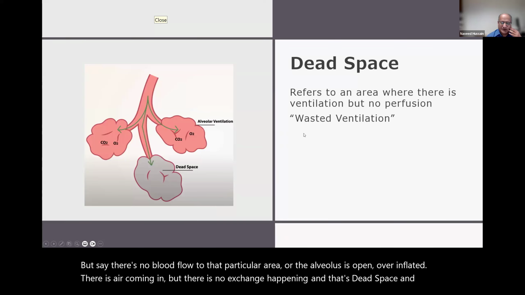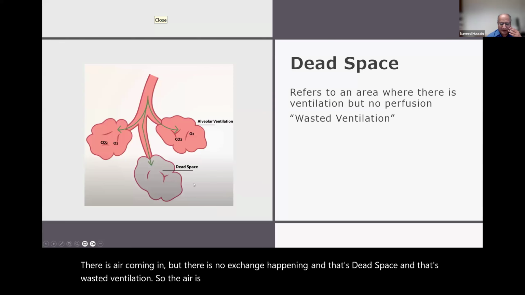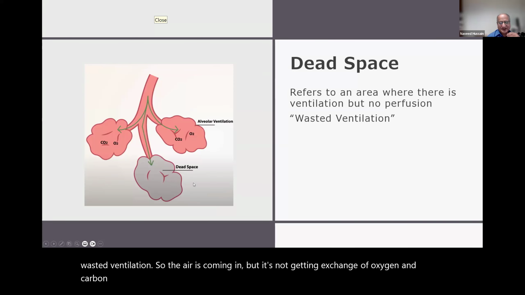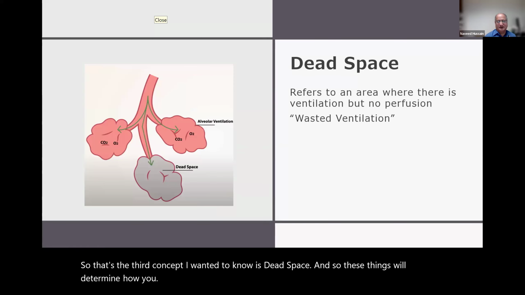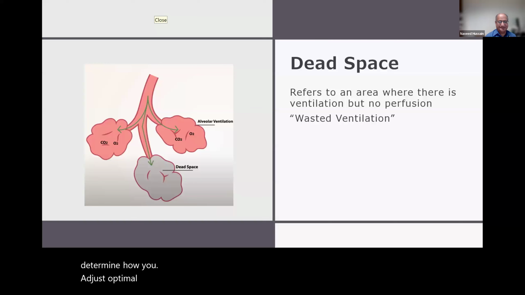That's wasted ventilation. The air is coming in, but it's not getting exchange of oxygen and carbon dioxide. So that's the third concept I want you to know, dead space. And these things will determine how you adjust optimal ventilation for babies.